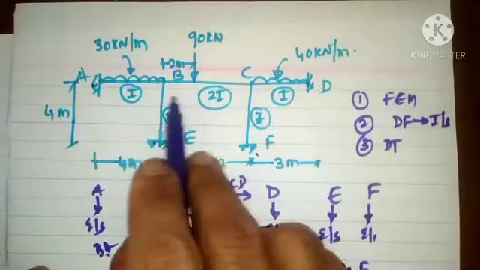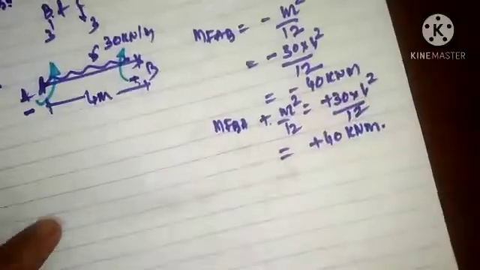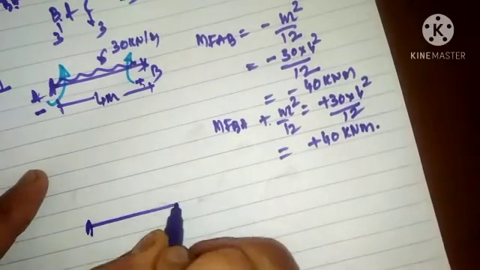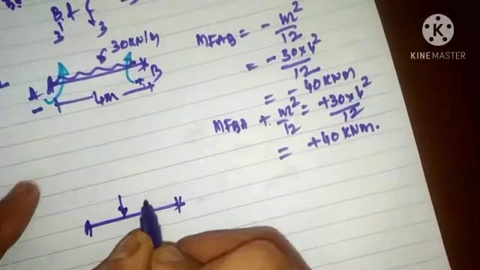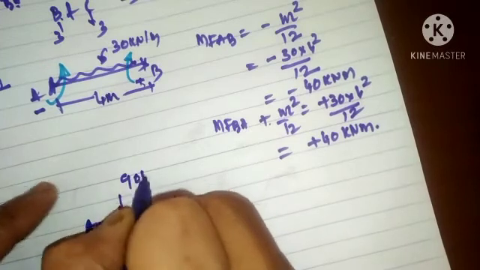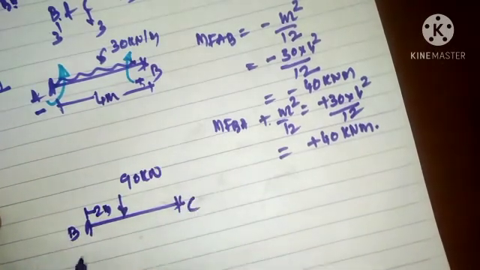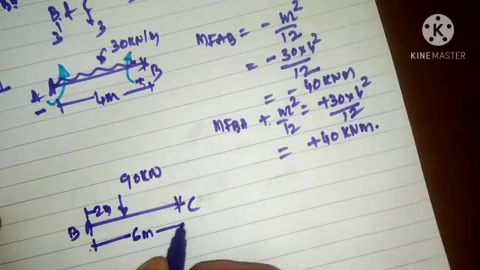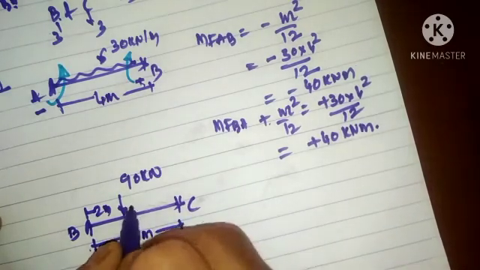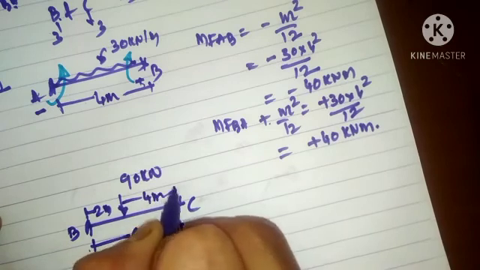Moving ahead, we need to check out what will be the fixed end moment for B to C. So draw the free body diagram from B to C, which carries a point load here of magnitude 90 kilonewton, placed at a distance of 2 meter from point B. Total span or total distance between B and C is 6 meter. So from C it will be at a distance of 4 meter.